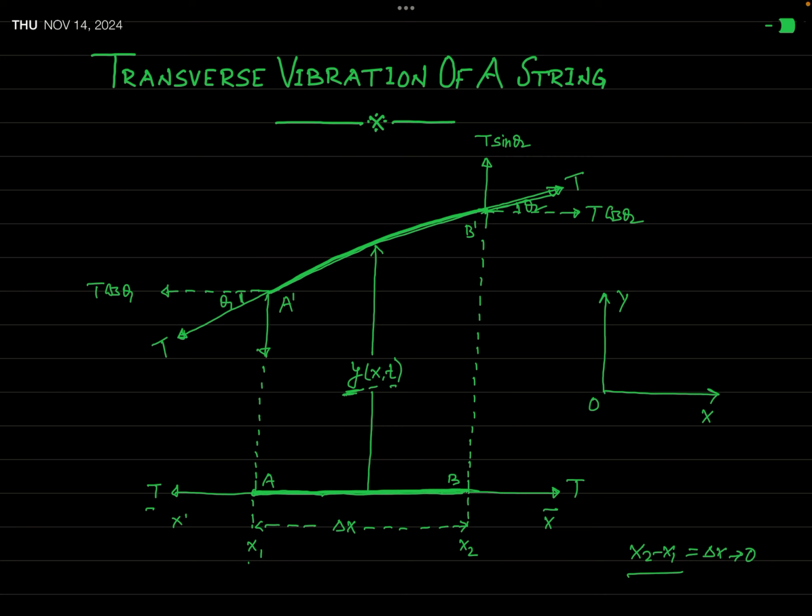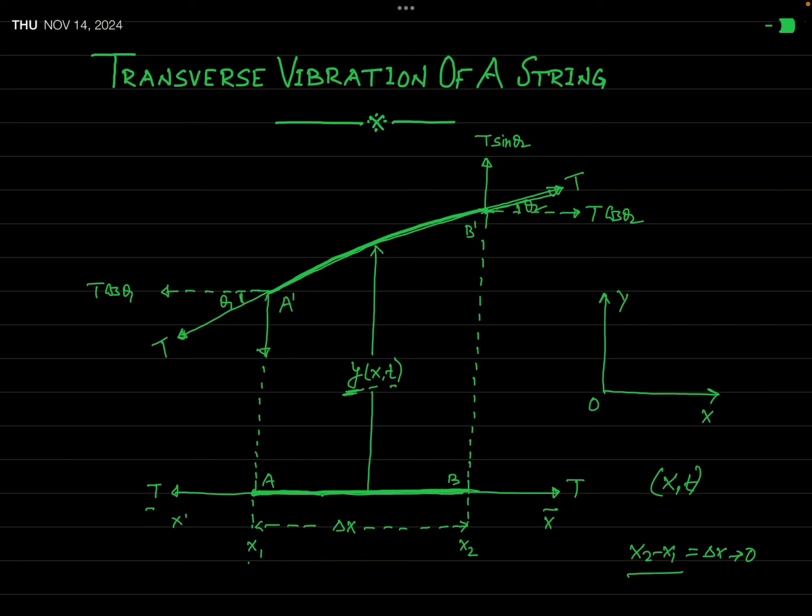Okay. Actually, after plucking, when the string is released, the displacement of the element will change with time. And so you can say that displacement is a function of both x and t. So I have written x comma t in the argument of y.